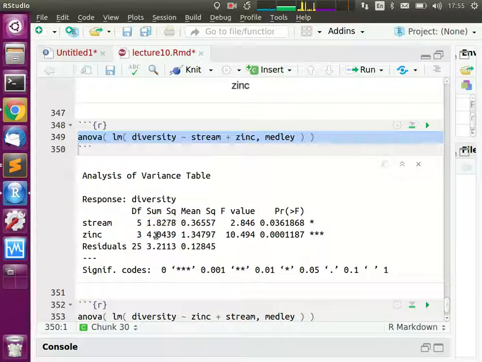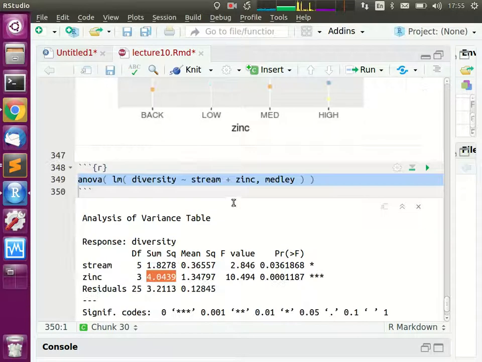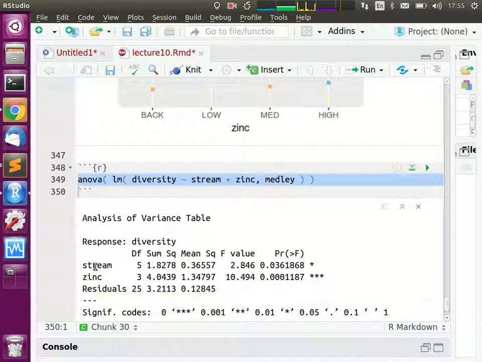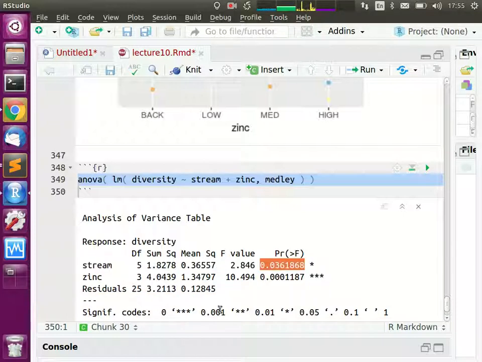And if we do it for both, using the coefficients I've just shown, we're down at 3. And now you can ask for each of them how important it is in getting down. Stream is marginally significant. There's some difference between the streams, but not much, because it reduces the sum of squares by 1.8. But zinc now reduces the sum of squares not by 3, but even by 4.